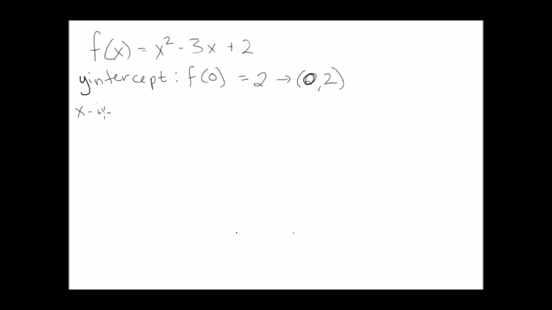To find the x-intercepts, I need to check the roots of the function. And remember, from algebra, there are 3 different ways to get the roots of a function. You can factor it by hand, you can use the quadratic formula, or you can complete the square. Any of those is fine. I always try to hand factor it just to see if I can do that.